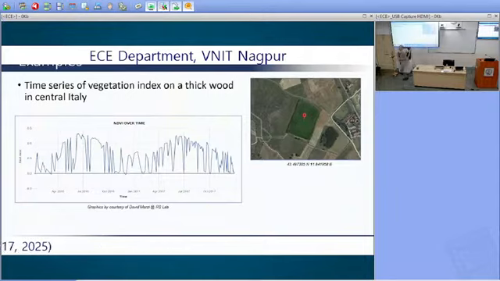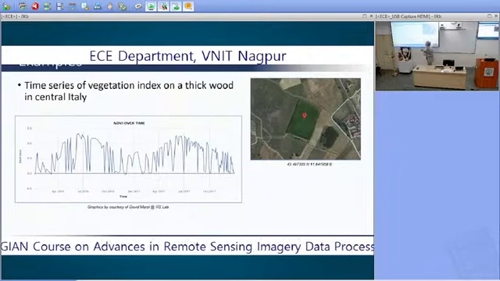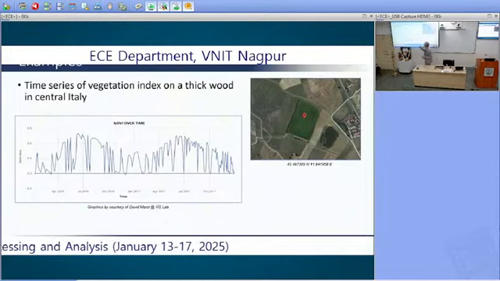He produced this graphic with the trend of the so-called vegetation index, which is an index relating to vegetative activity of the observed vegetation. And you may notice that in Europe, we have a strong seasonality in terms of weather and also, as a consequence, in terms of vegetative activity.